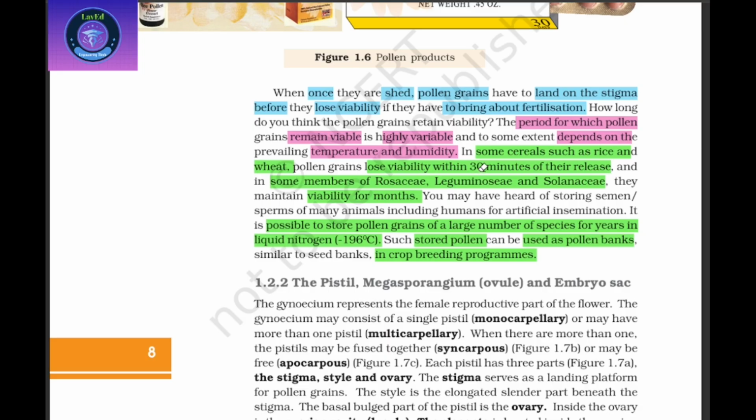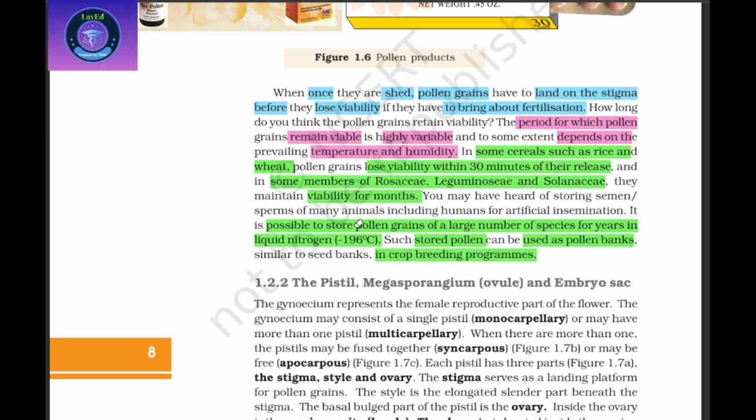So 30 minutes in case of rice and wheat. Since the names are smaller, rice and wheat, you can recall it like that: since they are small, their viability is also small, 30 minutes. But in other members where names are very big, like Rosaceae, Leguminosae, Solanaceae, they remain viable for months. This is the third application, pollen viability.